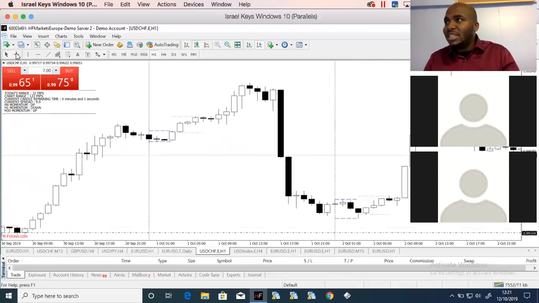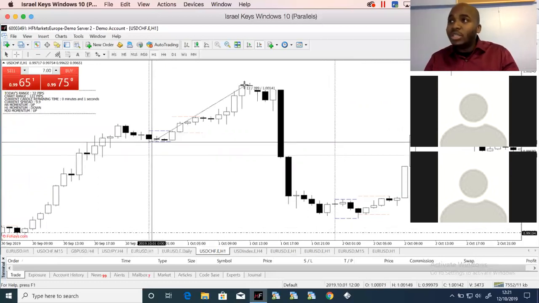On a down day, you see it's the exact opposite. It starts low, it goes up to engineer liquidity, then it goes in the direction it really intended to go. So everybody who bought on this leg is going to get stopped out and curse the market and curse their broker and everything, and then it retraces.